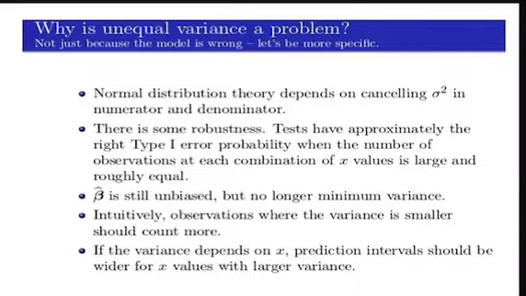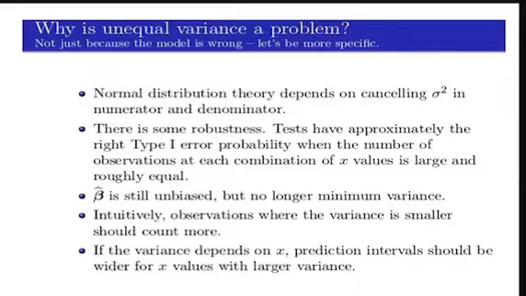Let me tell you this. Statistical tests have some form of robustness, but the robustness, at times, depends on the level of violations. In a situation where observations have different weights, the variance will be tampered with.